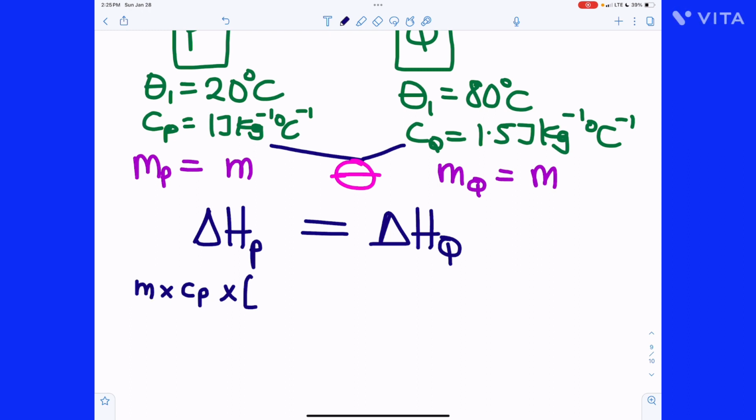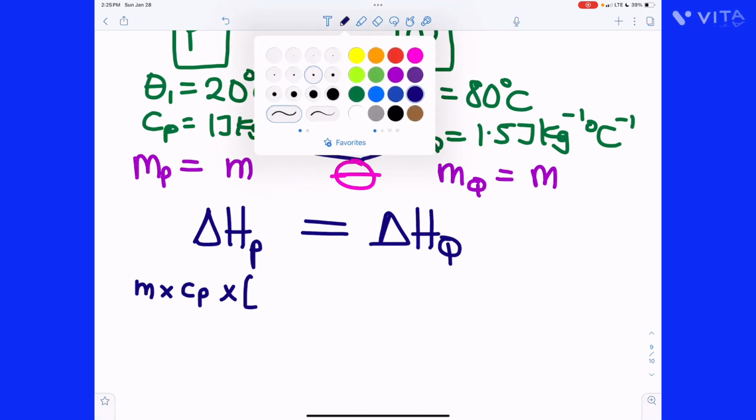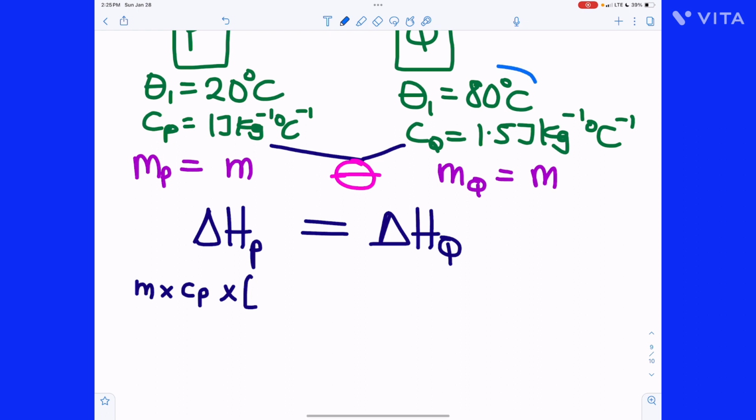So, as you can see, Q is at a very high temperature, P is at a much lower temperature. So definitely Q will lose heat and P will gain heat.